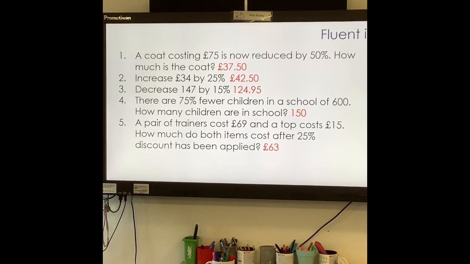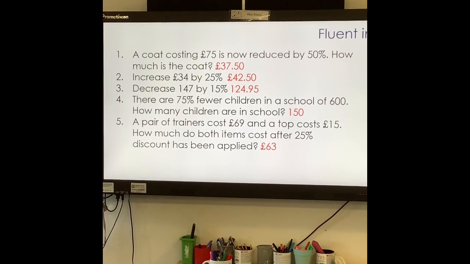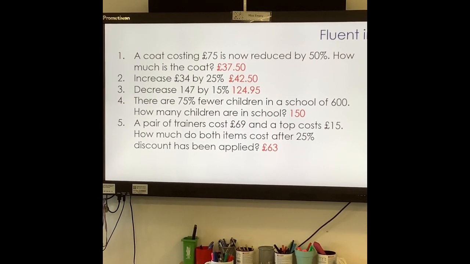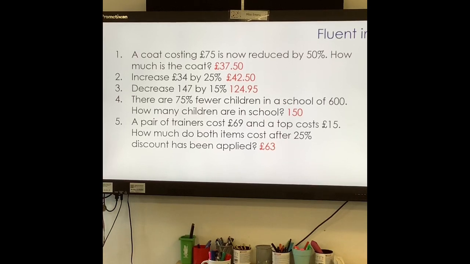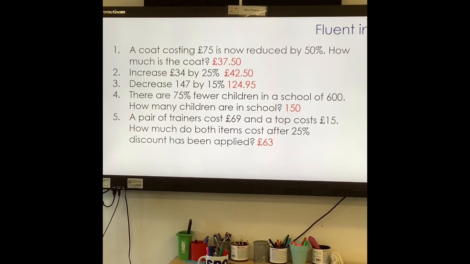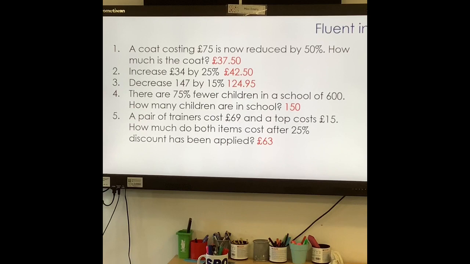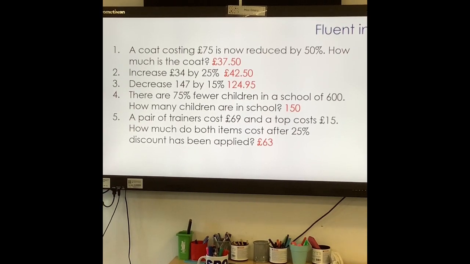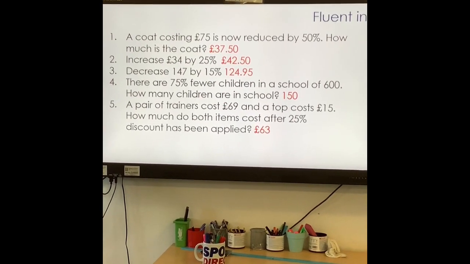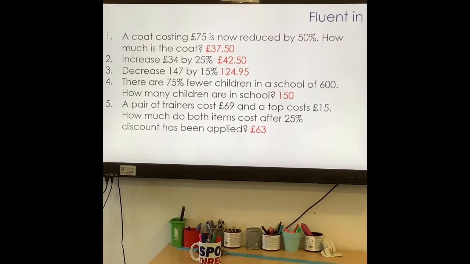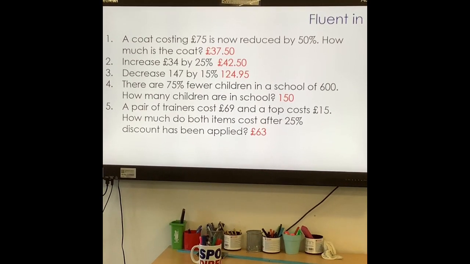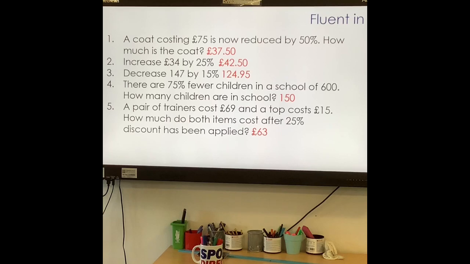Finally, question 5. A pair of trainers costs £69 and a top costs £15. How much do both items cost after a 25% discount? Few steps on this one. First step, add the cost of your trainers and your top together to give you the overall spend.